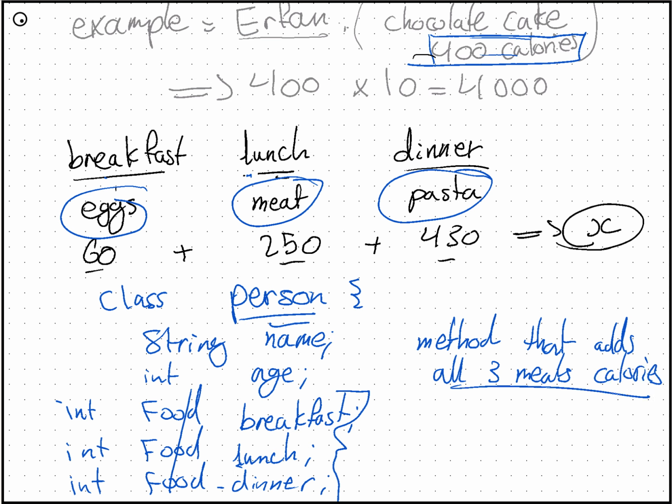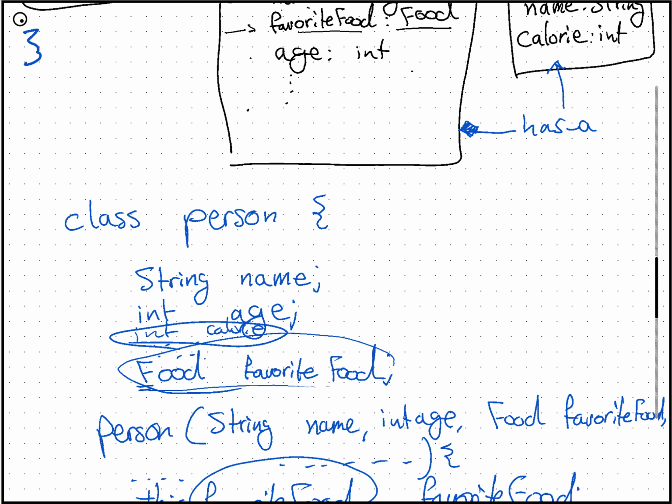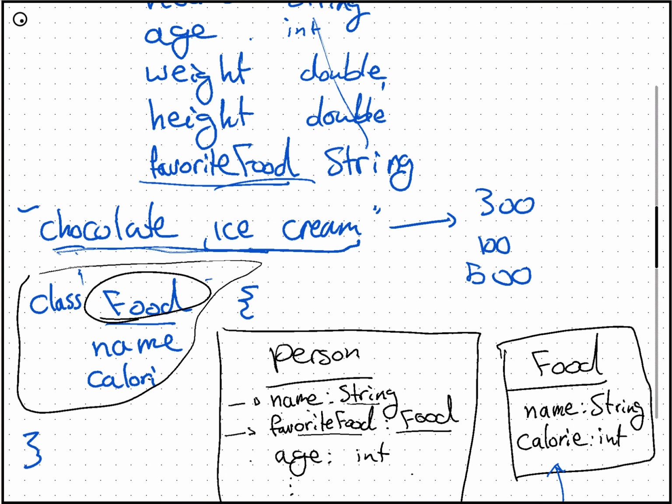All right. Are there any questions about what we learned today, or are you good to move on to the homework? Let's just remember the main thing that we learned today. It's when a class can have another class essentially as its field.